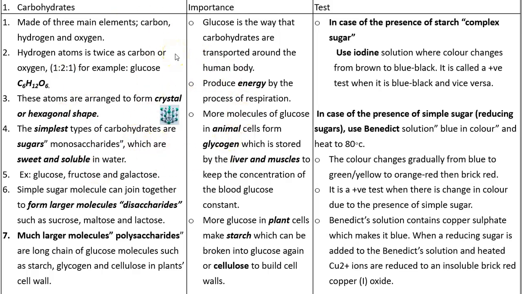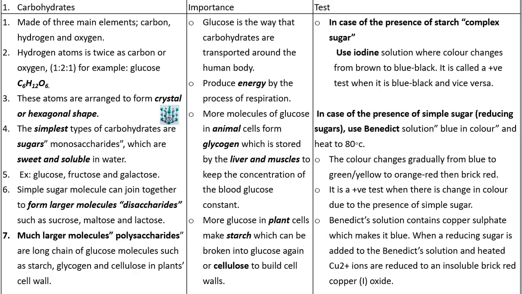The simplest type of carbohydrates are monosaccharides. Monosaccharides are sweet and soluble in water. Like what? Like glucose, fructose, the sugar of fruits, and galactose. Simple sugar molecules join together to form a disaccharide.